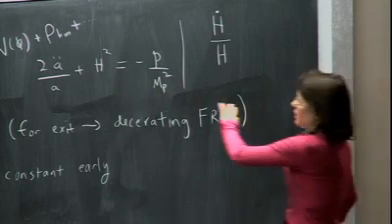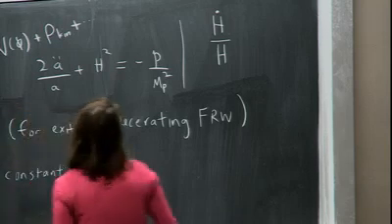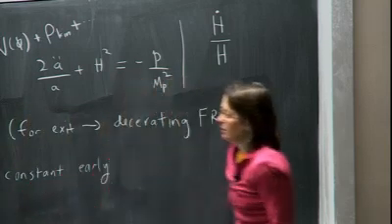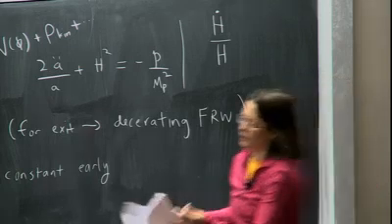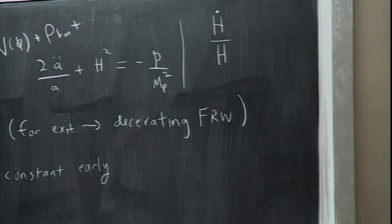But anyway, so to get this phase of early acceleration, and as we'll see in more detail shortly, to get it to last long enough to do this job of diluting additional degrees of freedom that could have been around. In fact, why don't I just say that now?